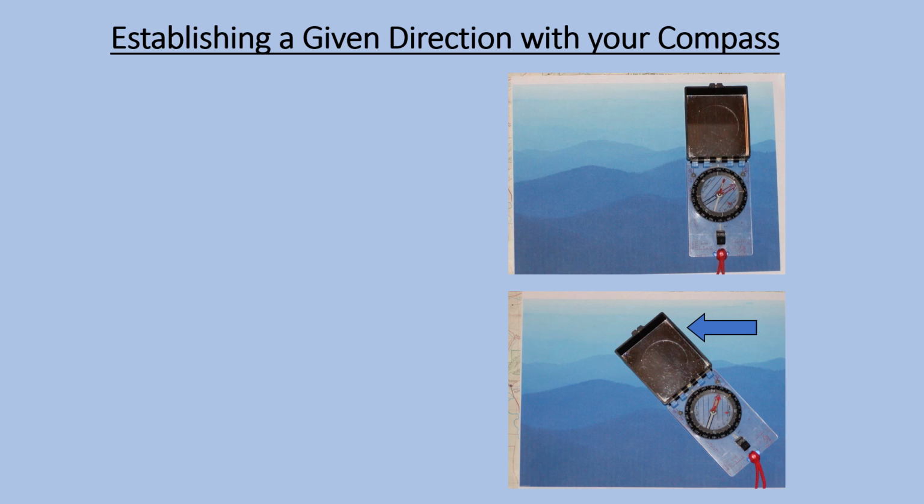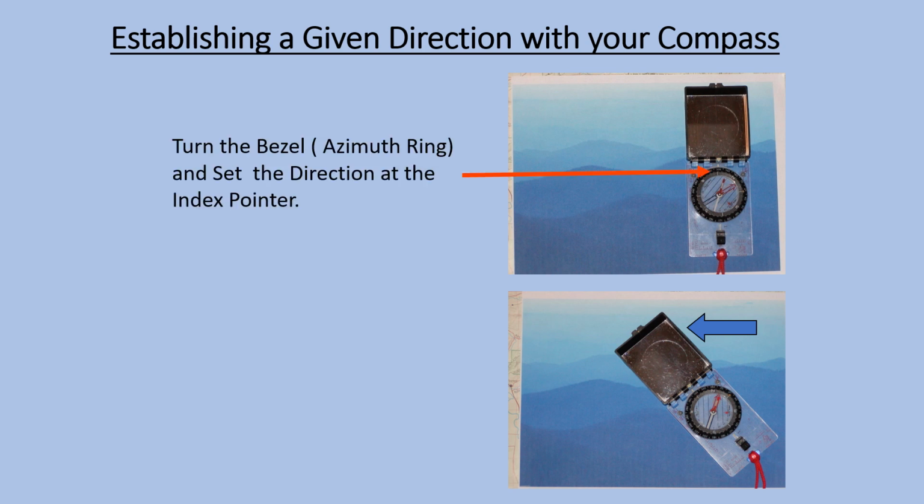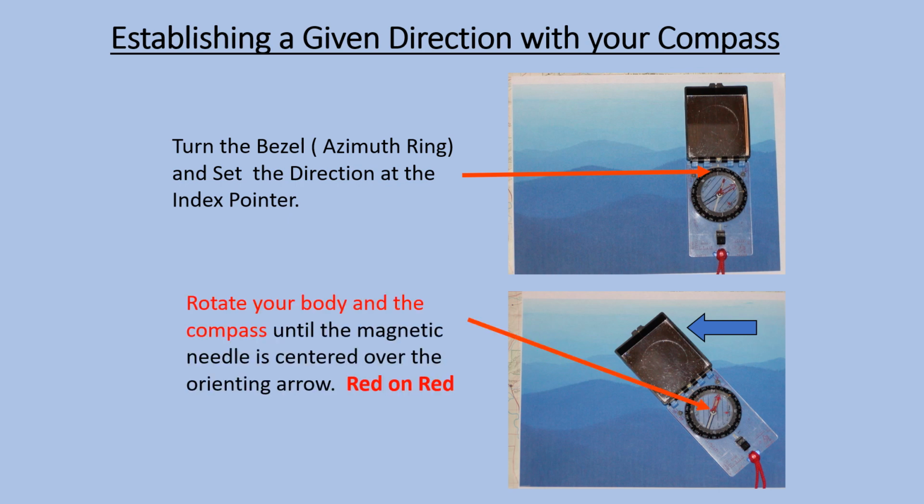To establish a given direction with your compass, turn the bezel and set the direction at the index pointer. Rotate your body and the compass until the magnetic needle is centered over the orienting arrow. Box the needle, or red on red.